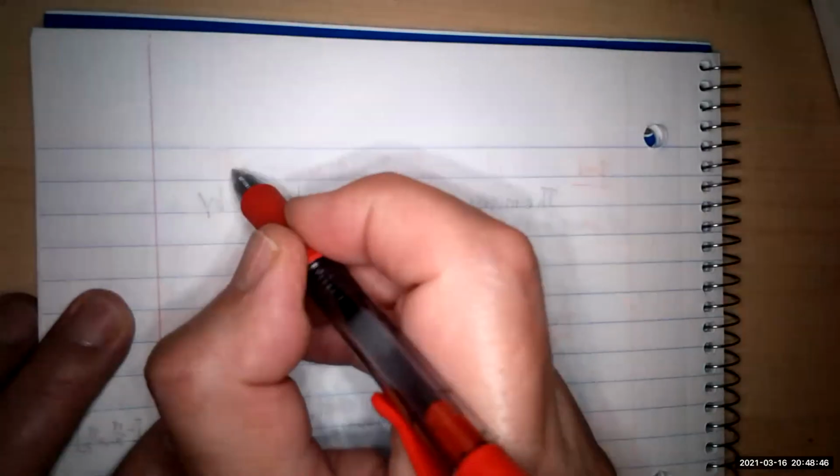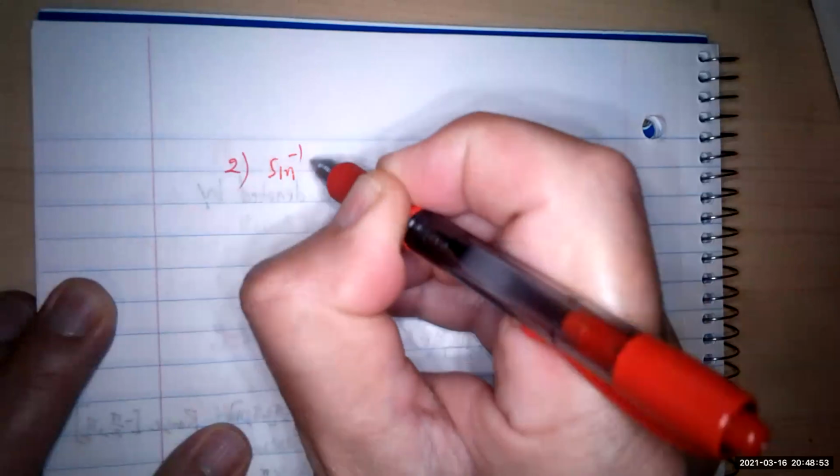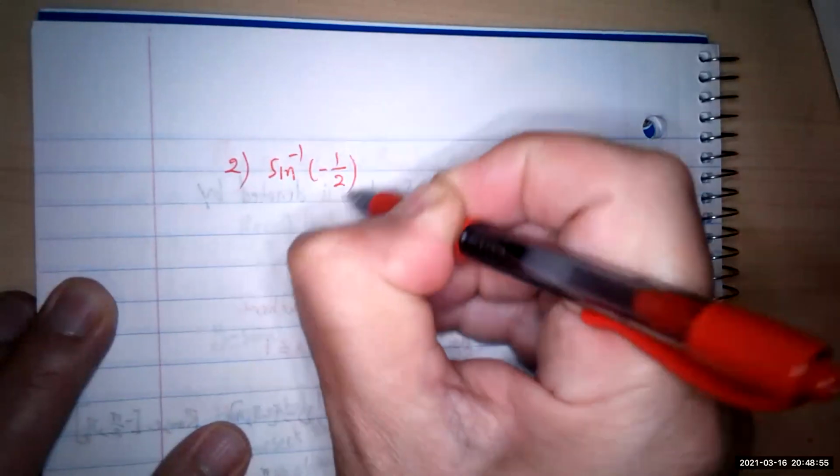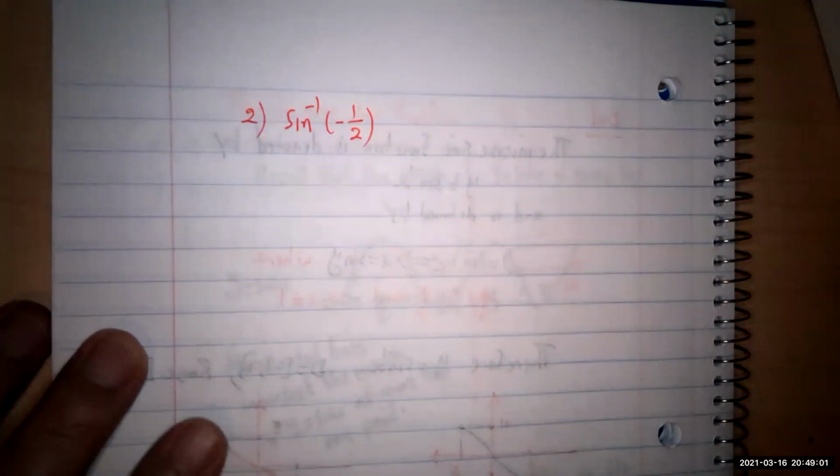The difficulty sometimes is when you have some negative numbers like this one. We give just a couple of them and then be done. We want to find the sine inverse of negative half. This means find an angle whose sine is negative half.